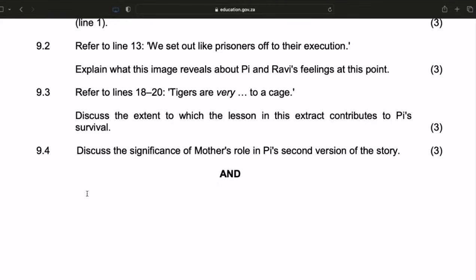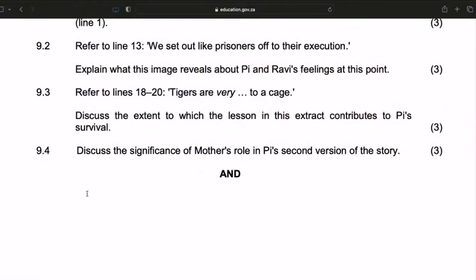You can even go on to explain that when the cook killed Pi's mother, Pi became savage. He became animalistic, and this also played a very important role in his survival because of his savage nature. Okay, so three marks.